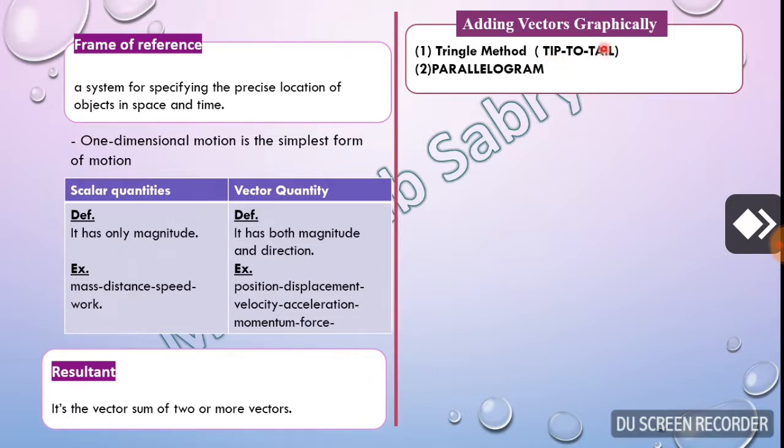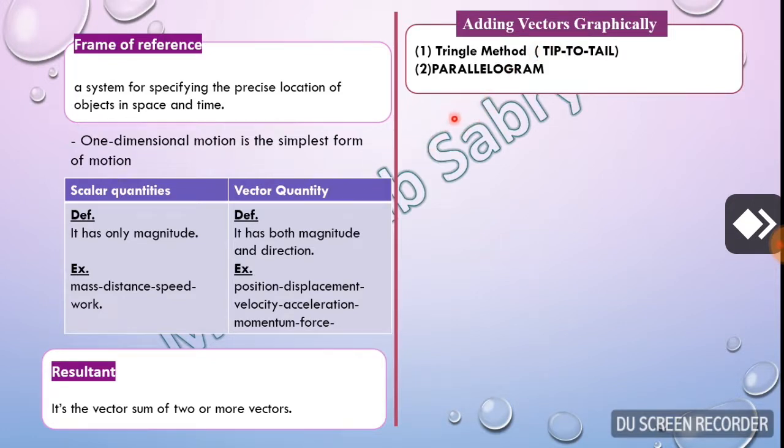And when I say graphically, please listen well. Graphically means no calculations. Graphically means just draw or sketch and measure using a ruler, using a protractor, and so on. Don't use calculations. This is in our portion, inshallah.